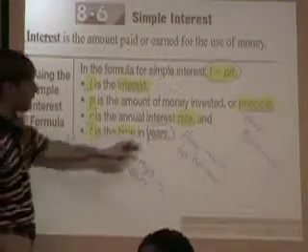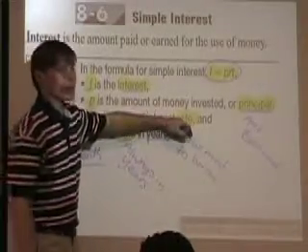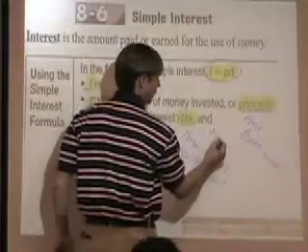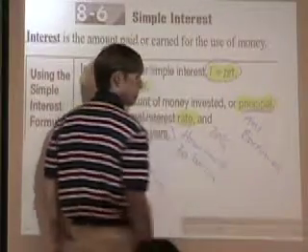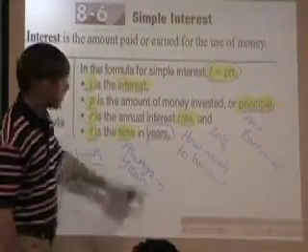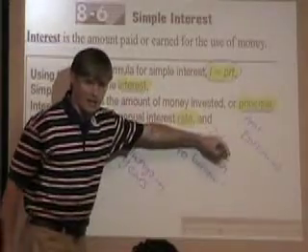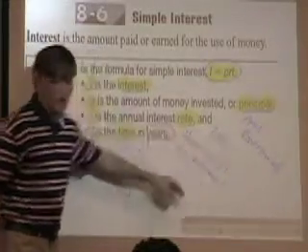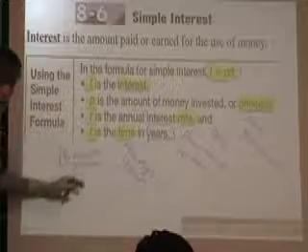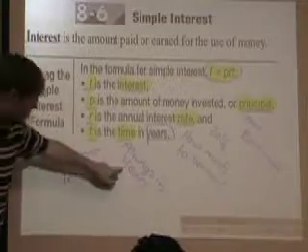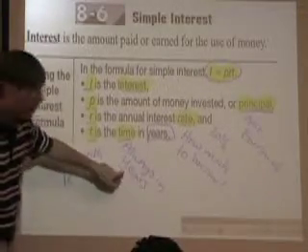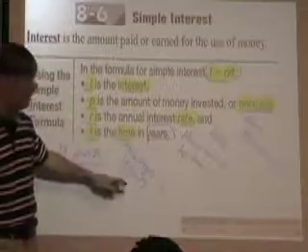Okay? Also on the rate, they're always going to give you a percentage, like 20%, and you always need to make it a decimal. So always make your rate a decimal and make your time, what, Chris? Years. Time is always years.